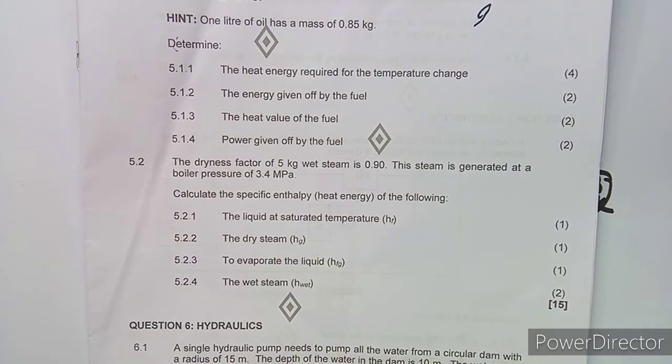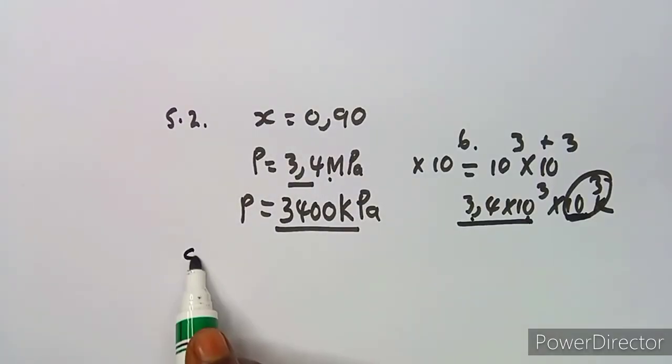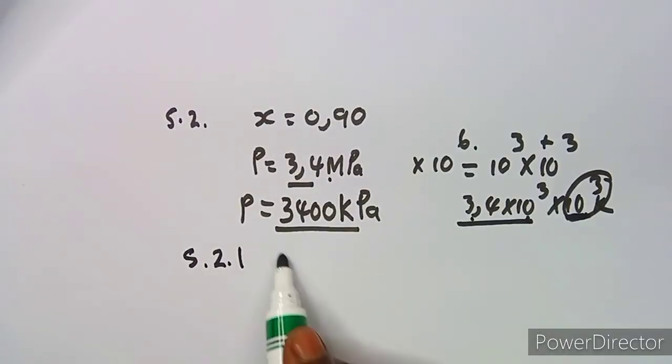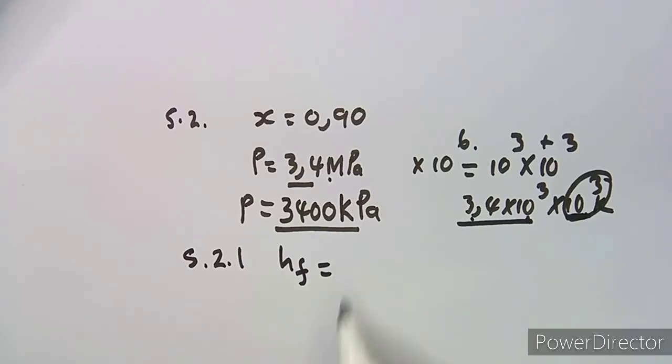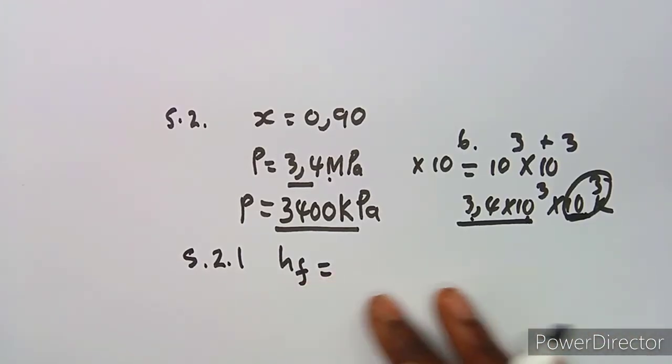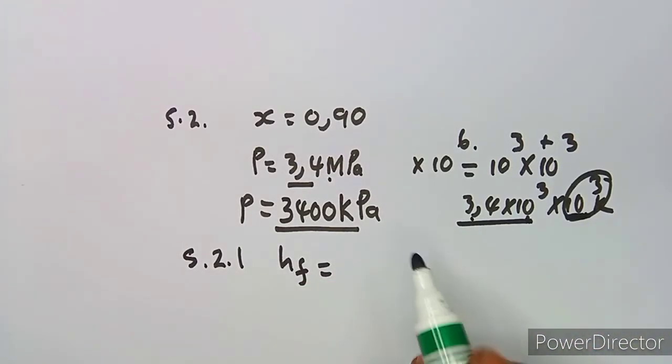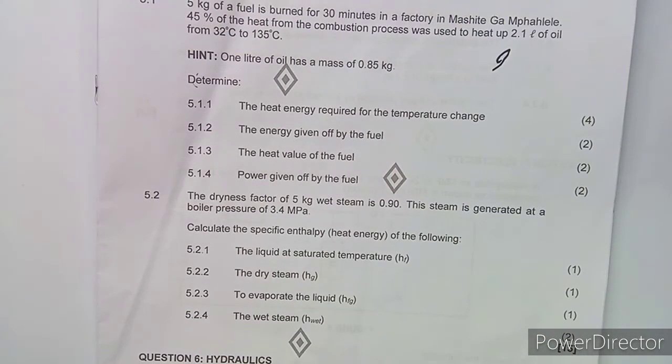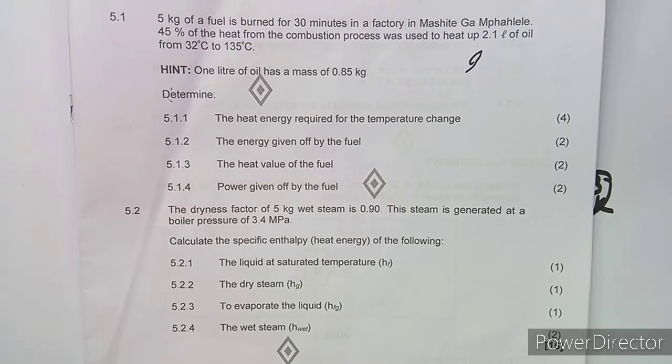What you are simply doing here is that, because for HF there is no formula you can use from these ones, you simply use the pressure that you are given versus the HF. If you are given a certain pressure, guys, you simply need to find the pressure from your booklet.